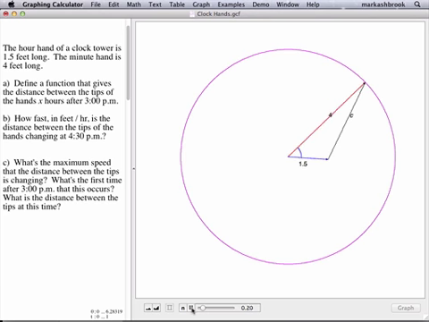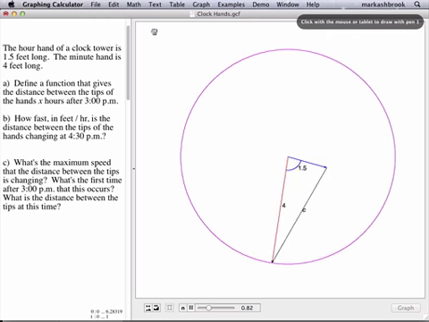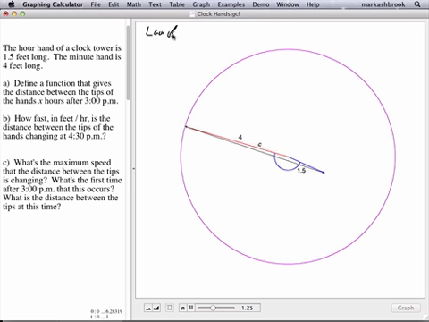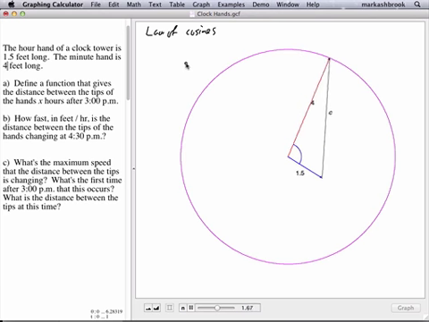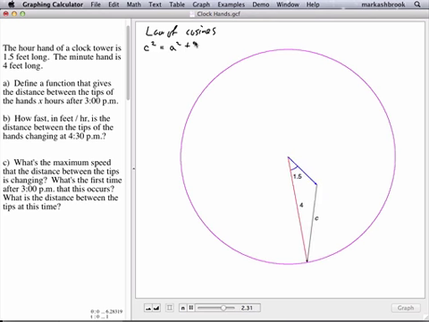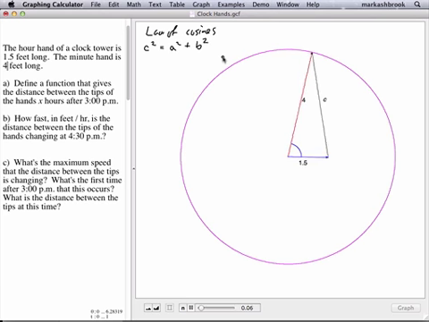Does anyone remember the law of cosines? Okay, as soon as I start writing it, then you'll be like, oh, you're right. It's just like the Pythagorean theorem. But then there's an added term that takes into account if the angle is not a right angle.